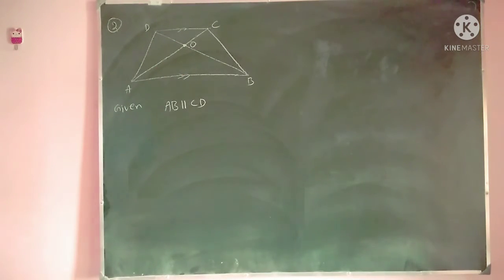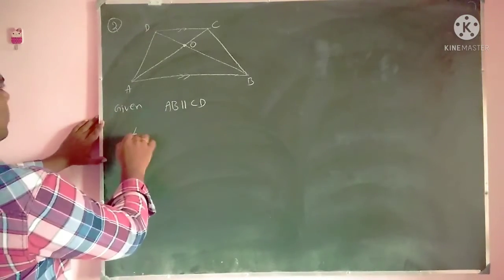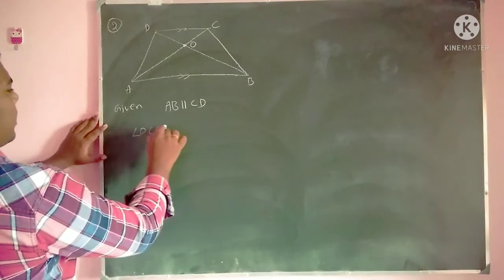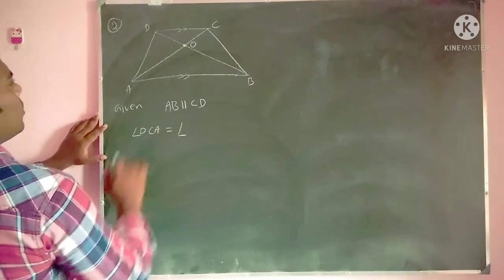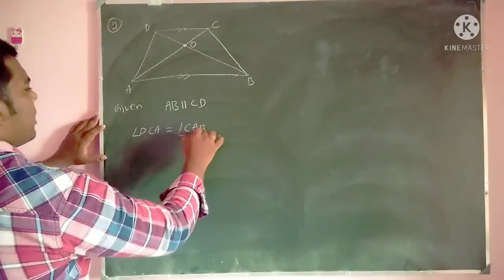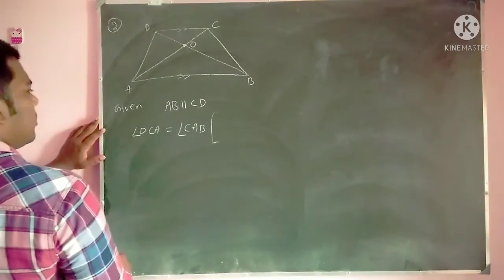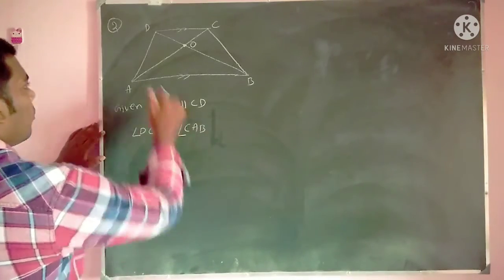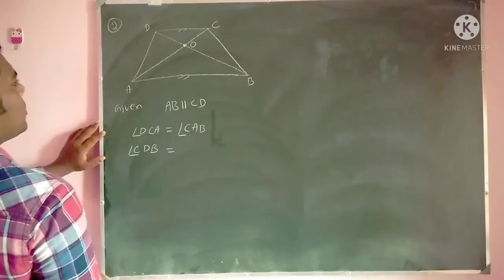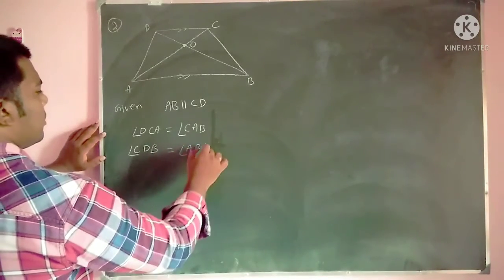If AB is parallel to CD, then we can say angle DCA is equal to angle CAB, because if lines are parallel, alternate angles are equal. Similarly, angle CDB is equal to angle ABD.